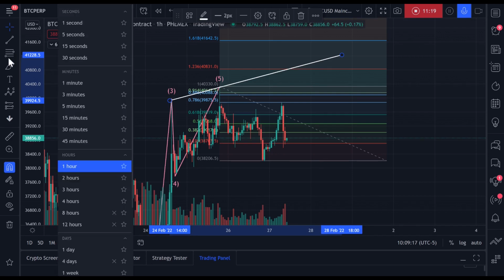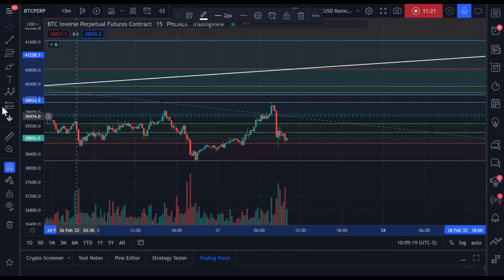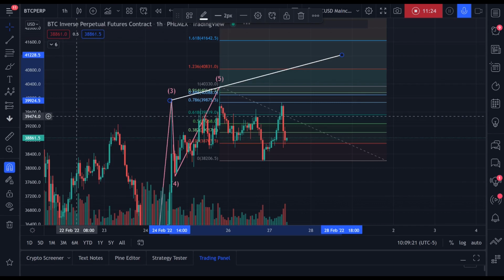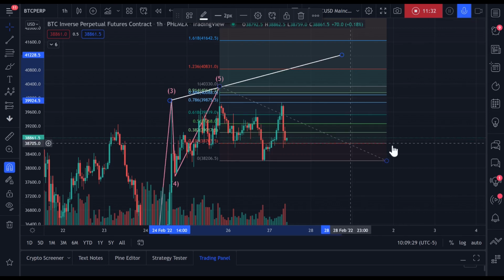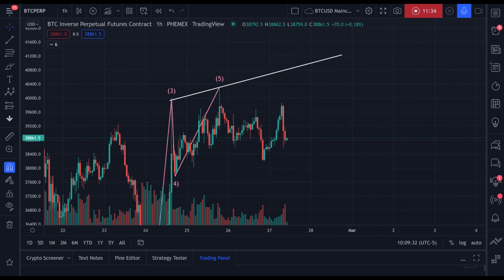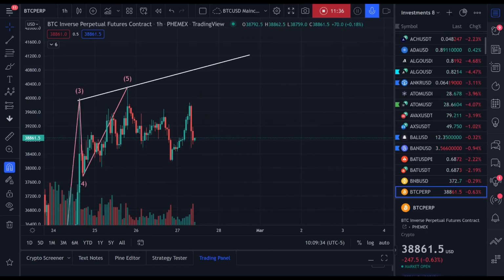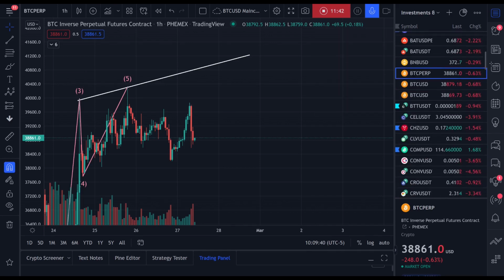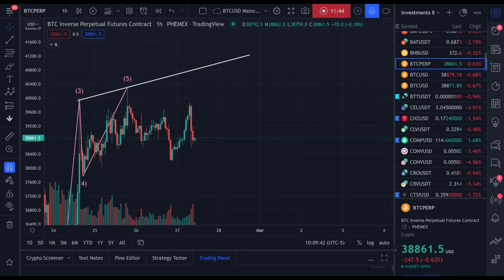A good trick is, if you have issues or some questions in your Bitcoin analysis, it's always a good idea to look at other coins in the top 10 with large market dominance to see if you don't see something similar. For instance, you can look at BNB.